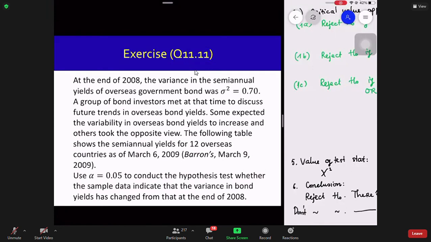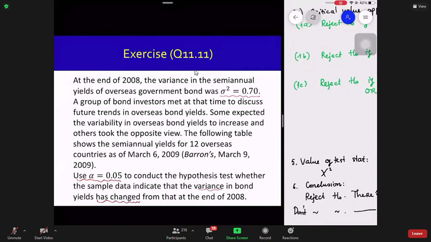Okay. So now, for example, we have the variance here. At the end of 2008, the variance of the government bond was these values here. Now, we have to use n4 equal to 0.05 to conduct the hypothesis test whether the sample data indicate that the variance here has changed.